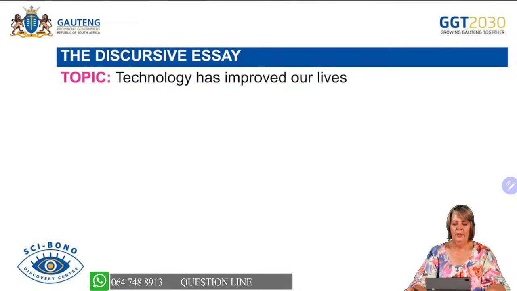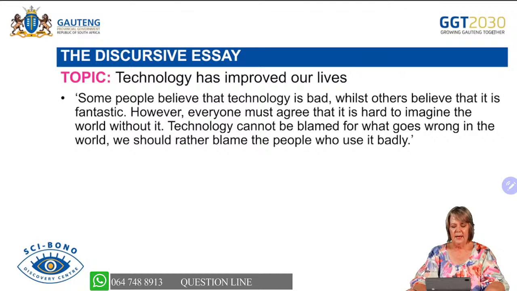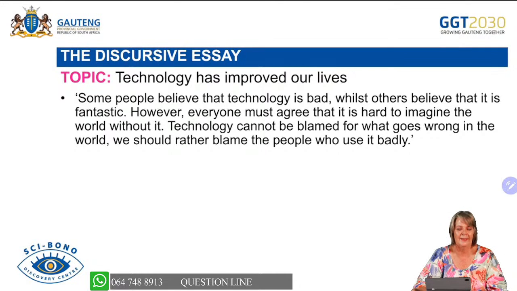For example, if you look at the topic, technology has improved our lives. Some people believe that technology is bad, whilst others believe that it is fantastic. However, everyone must agree that it is hard to imagine the world without it.